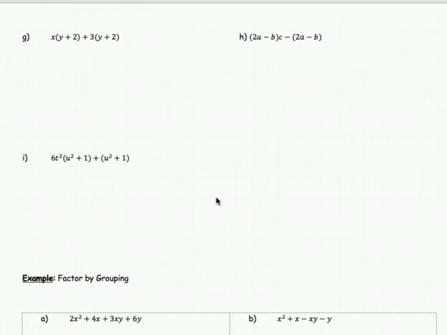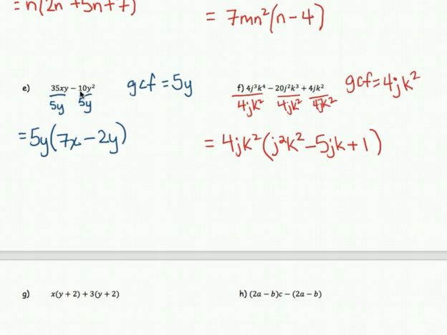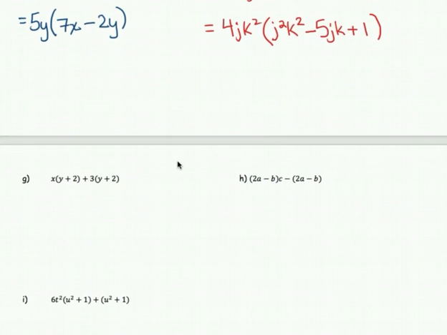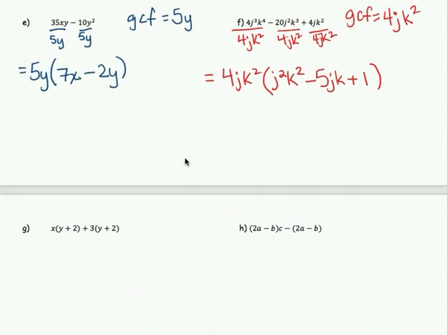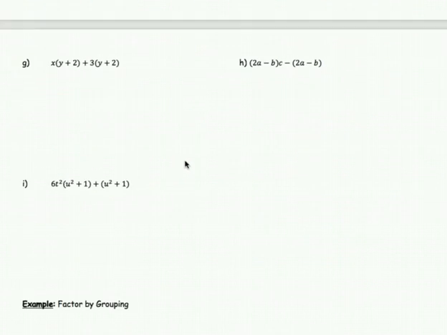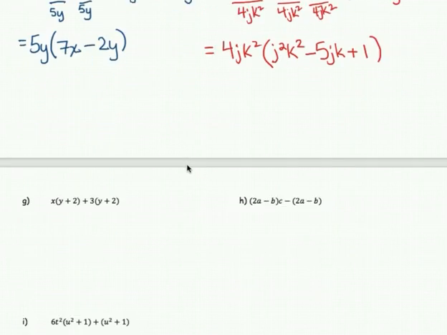Okay, moving on to slightly different ones now. Before, we were looking at a number, we were looking at a letter, finding the common factor. So a lot of this was from grade 9 and before. But now we're in grade 10, we're looking at slightly different things that they have in common.